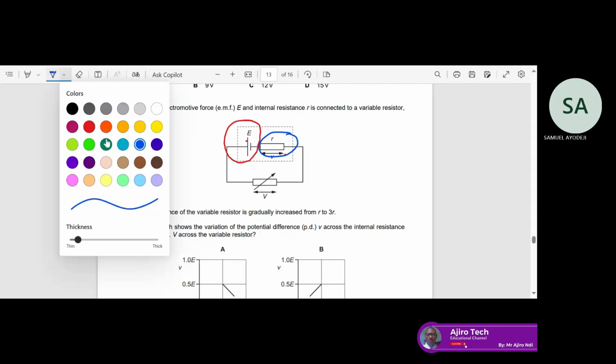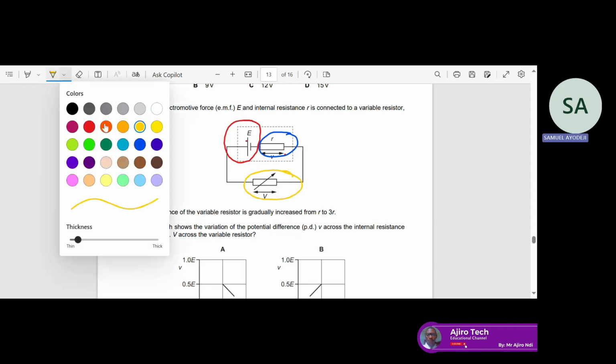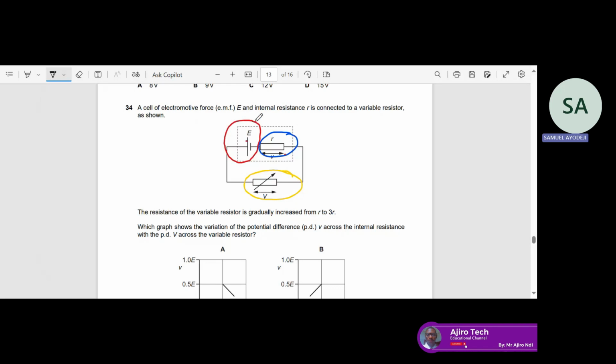Then this one has its own PD. Now the EMF here will be divided into two. One comes here, another comes here. So the EMF will equal the PD across this one plus the PD across the bigger one.